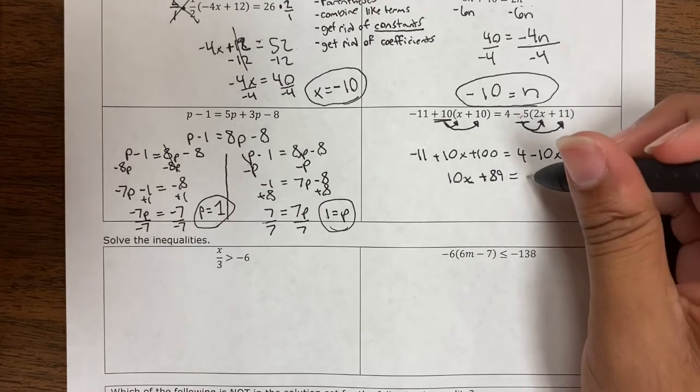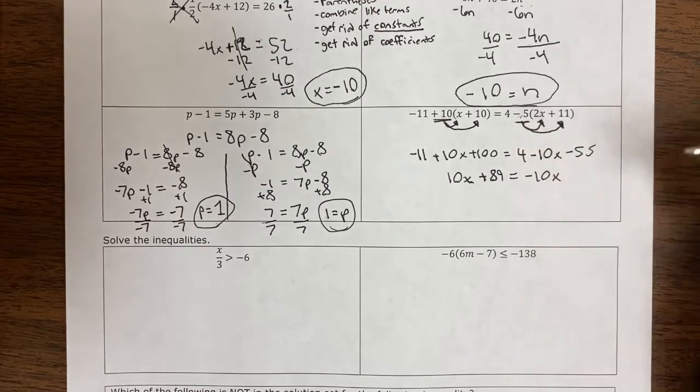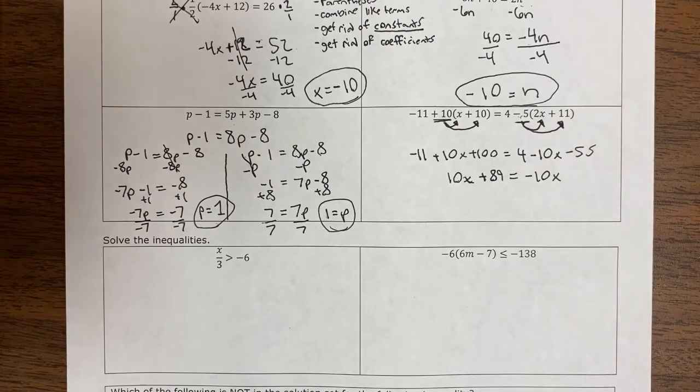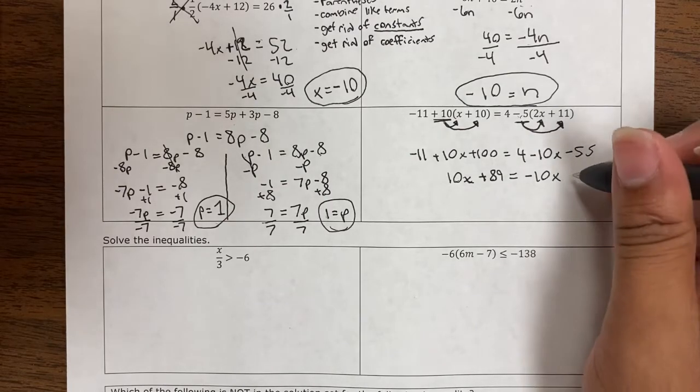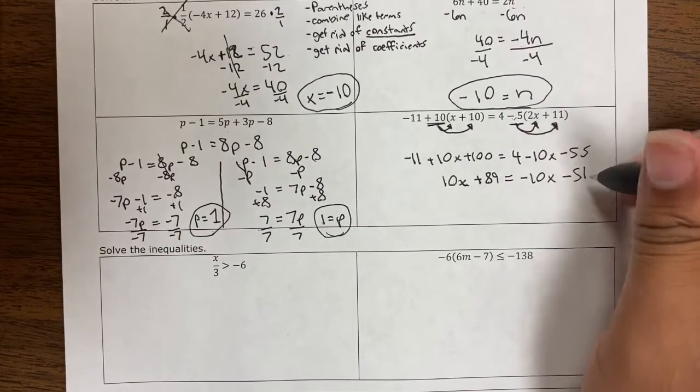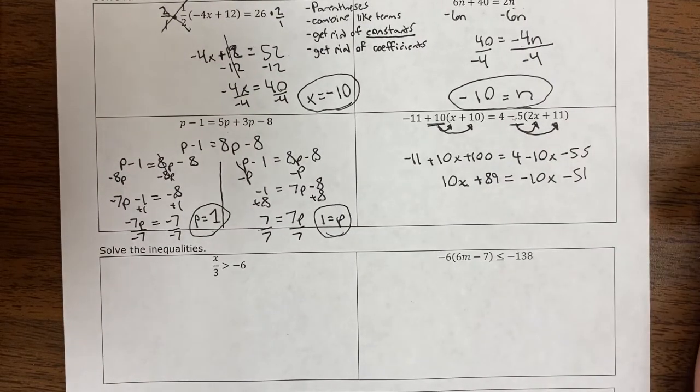And then I'm going to put negative 10x right there. 4 minus 55 is going to give me negative 51. So now I want to get all of my variables to one side and all of my constants to the other side.